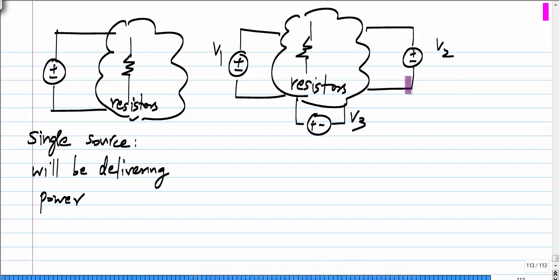Now, we have multiple sources. These sources together will be delivering power to the circuit, but each one of them could be absorbing or delivering power. So, it is possible that V1 is delivering power and both V2 and V3 are absorbing power.